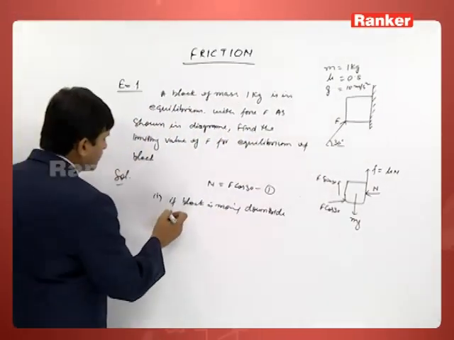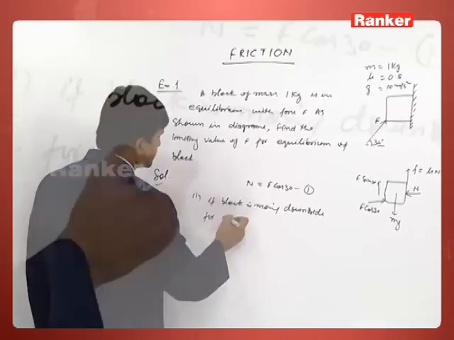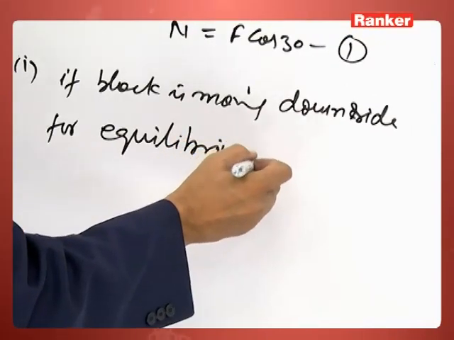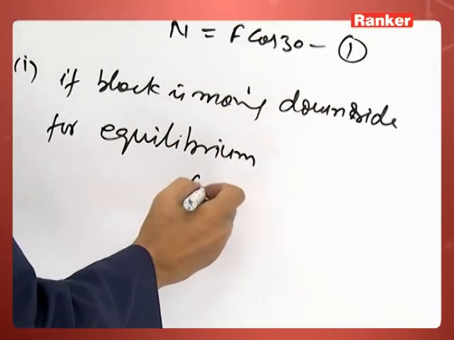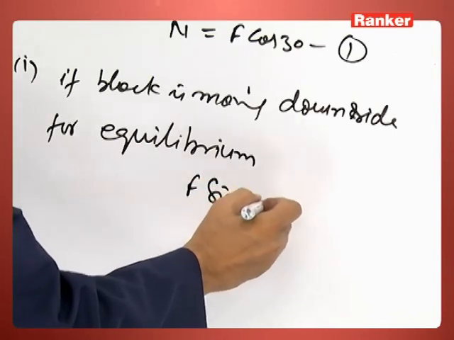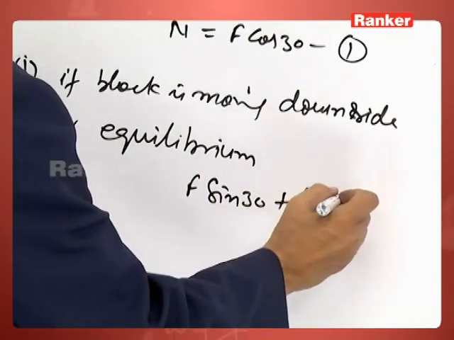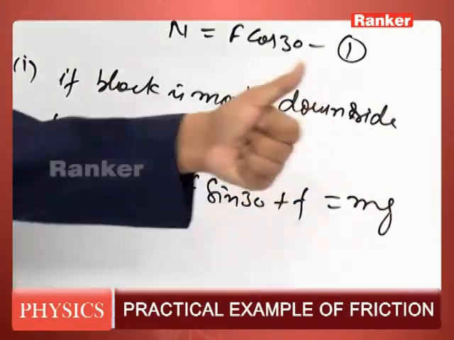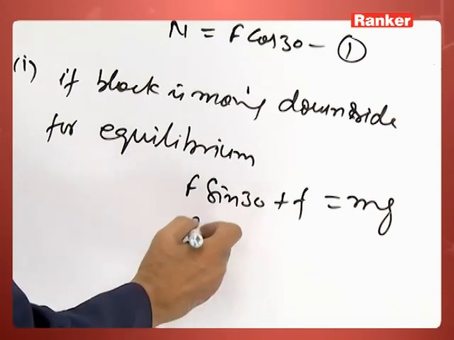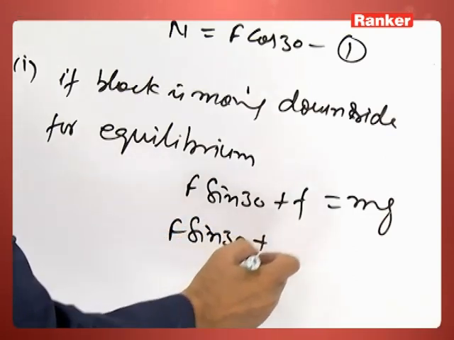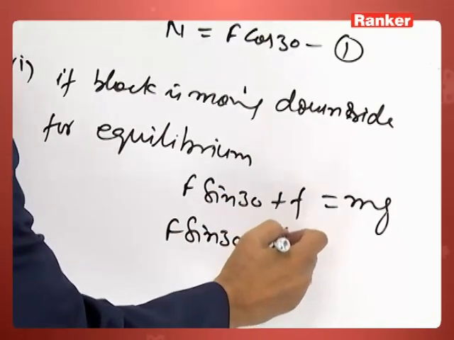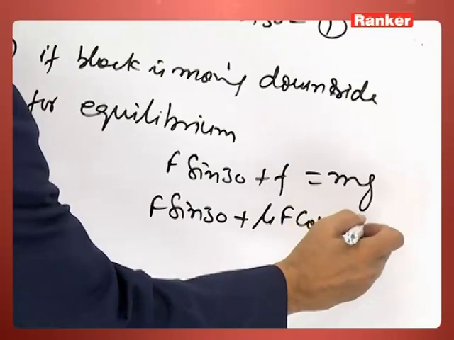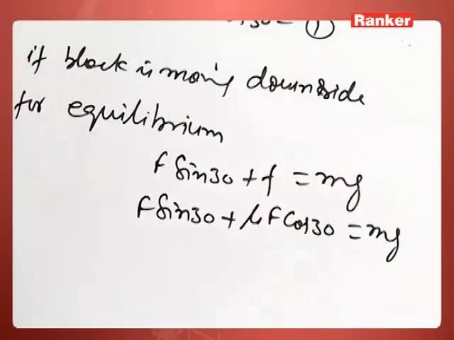So, for equilibrium, we can write F sin 30 plus f is equal to mg, and f we can write as mu into N. So F sin 30 plus mu N, where N is equal to F cos 30, is equal to mg.